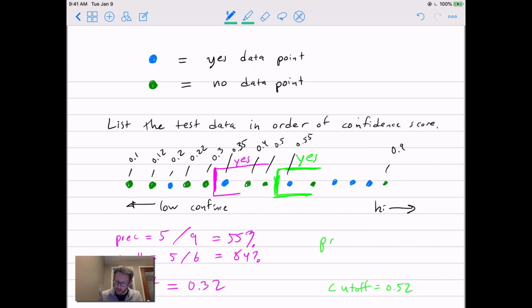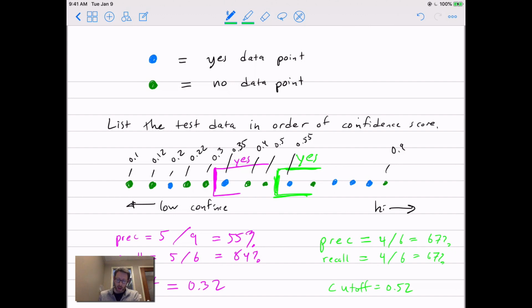Okay, so the precision with the green cutoff is going to be 4 out of, let's see if I get this right, 6, right, which is about 2/3, 67. And then the recall is going to be 4 out of, oh, it's the same thing. It's actually going to be 67 as well. That doesn't always happen, but in this case it did.